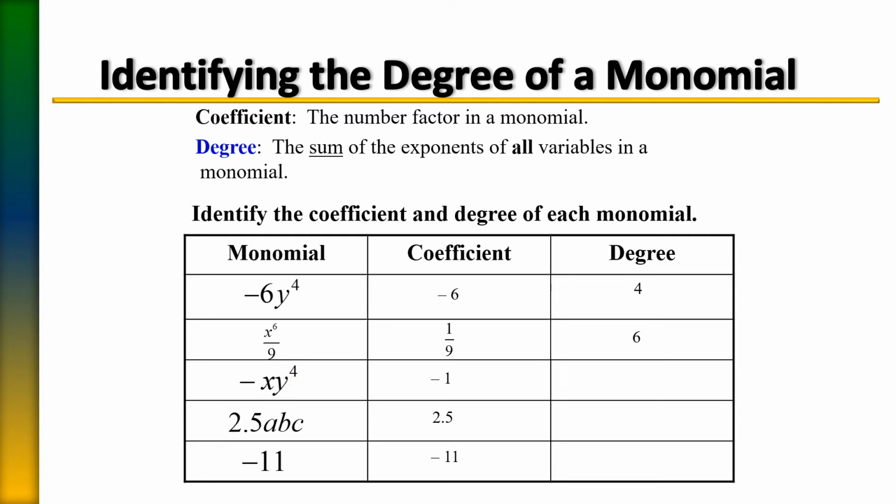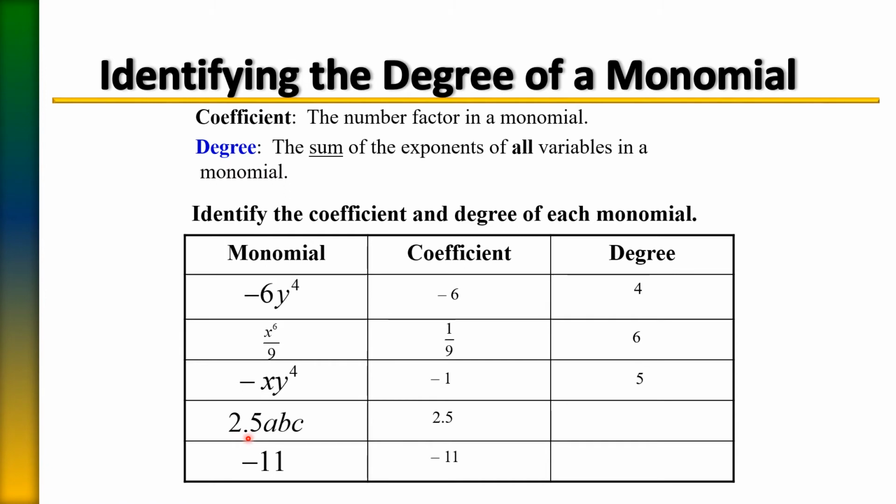So when you want to find the degree of the whole term, it is the sum of all the exponents. It is the sum of the exponents of all the variables. So I have to add all that up. So that's 1 plus 4, which means that this term has a degree of 5.